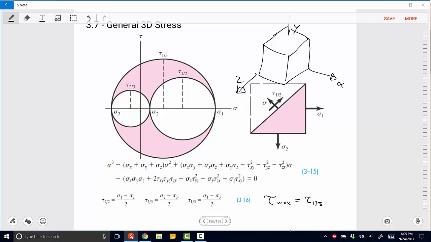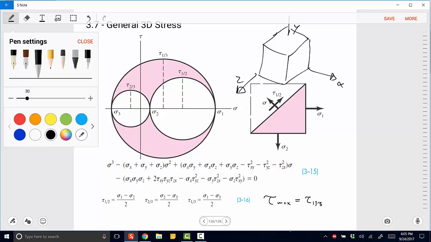Well, what would our Mohr circle look like? It actually looks a bit more complicated, because in 3 dimensions, we are going to have 3 values of principal stress. And in 3 dimensions, we're also going to have an additional value of extreme value shear, right?